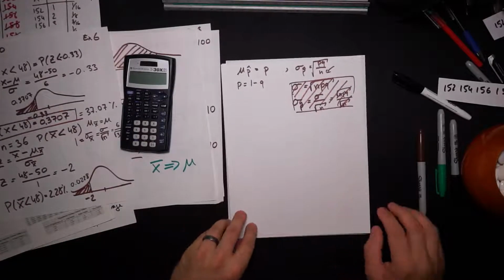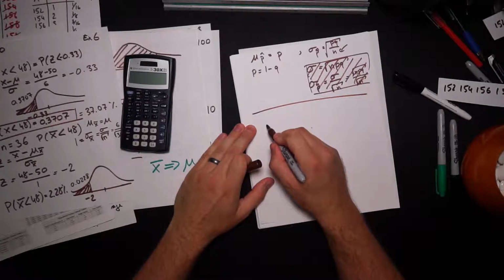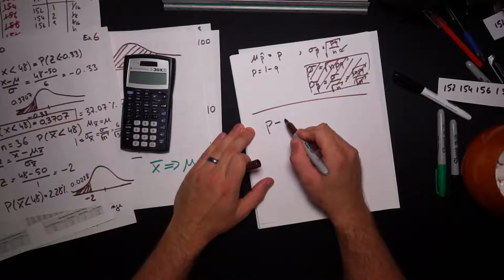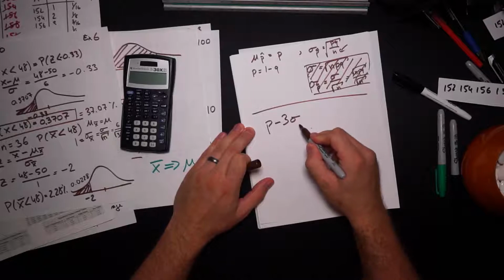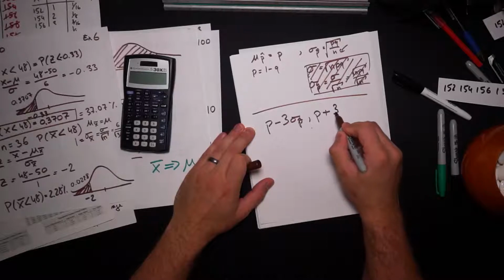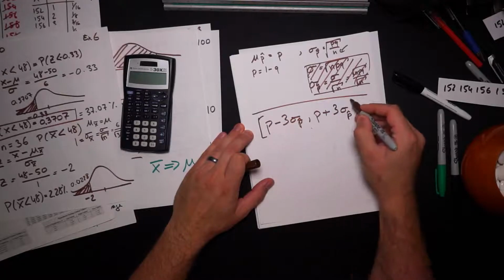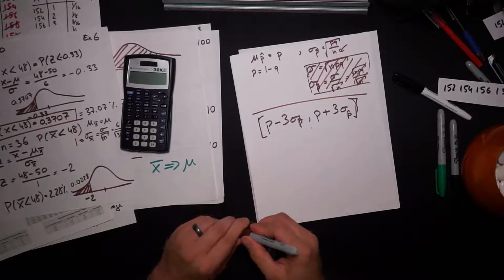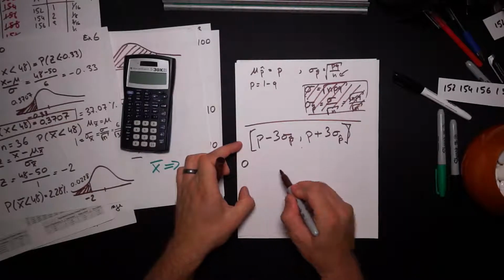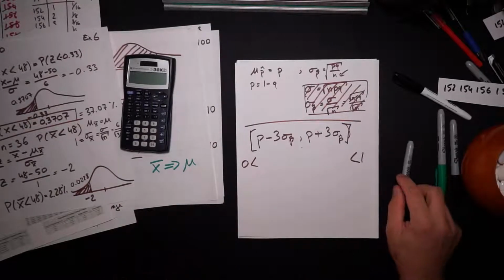And the way we check this is we say, if we take this and we have the sample range, and this whole thing ends up being somewhere between 0 and 1, then our sample is good enough.